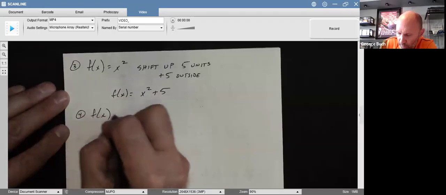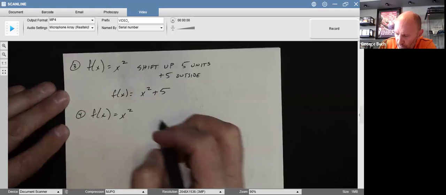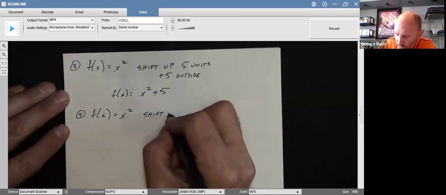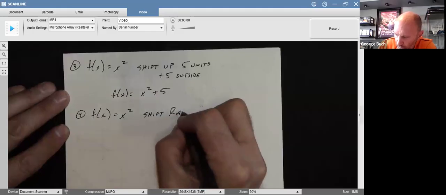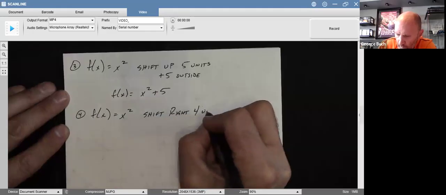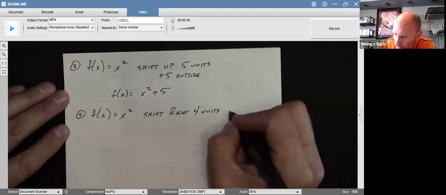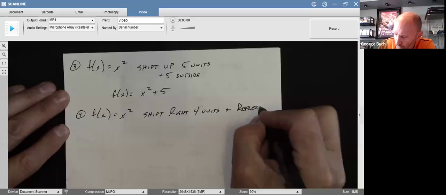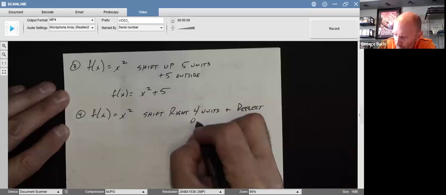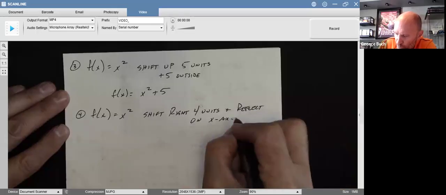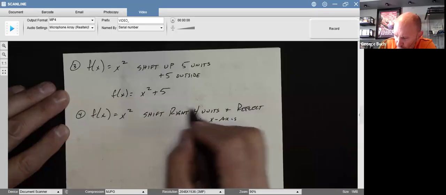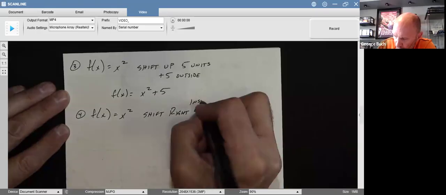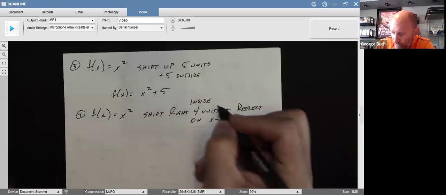And then lastly, what if we have the x squared function shift right 4 units and reflect on the x-axis. All right, so right 4 units, that's horizontal shift, so that's going to be inside. And it's the opposite.